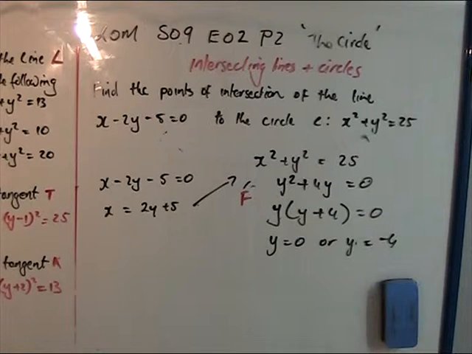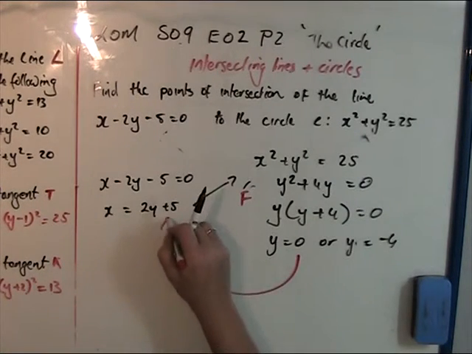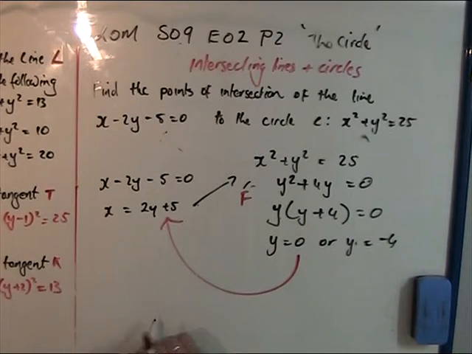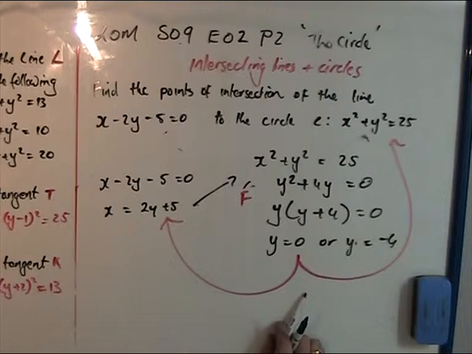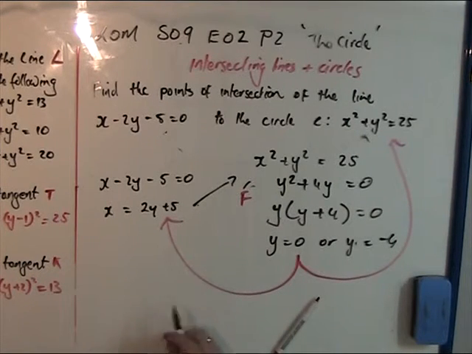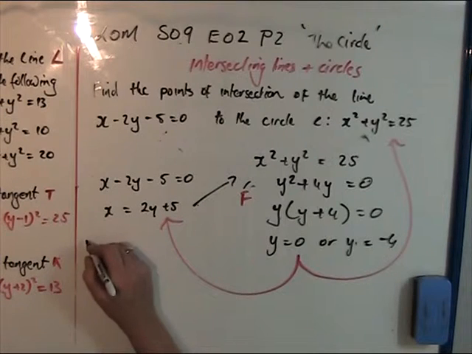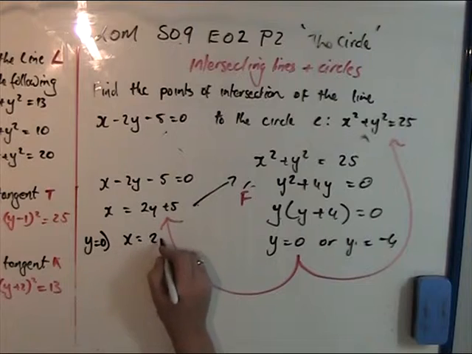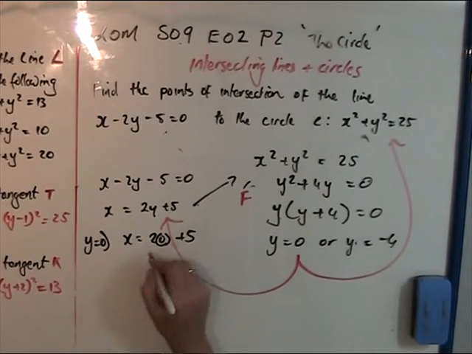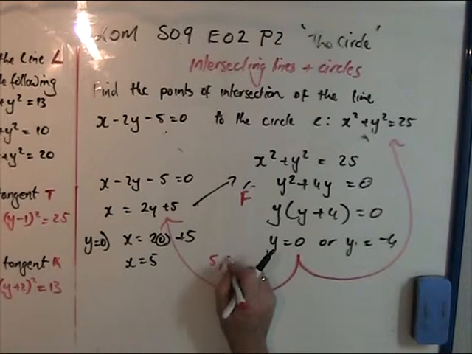Now, in order for me to find the corresponding x and y values of these 2 points, I have to go back in and substitute. I can substitute into either one of these equations, but this is the simplest one. So x is equal to 2y plus 5, and when y is equal to 0, x is equal to 2 times 0 plus 5, so x is equal to 5. So my first point is 5, 0.